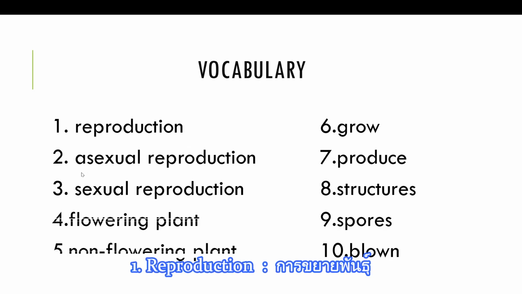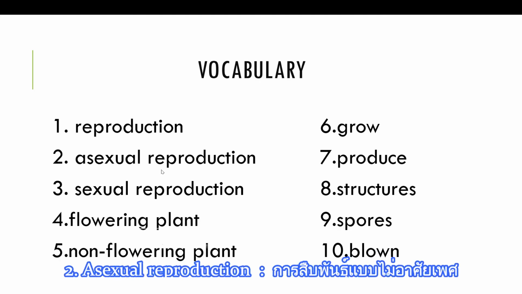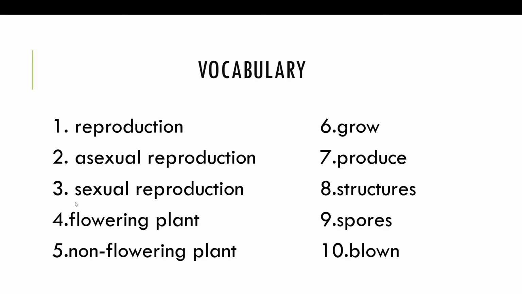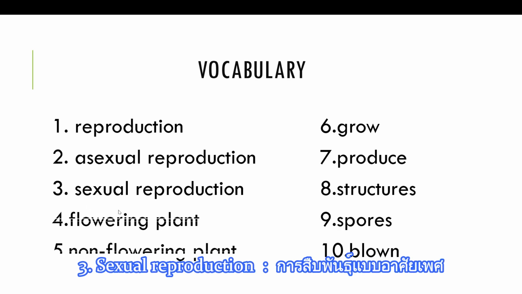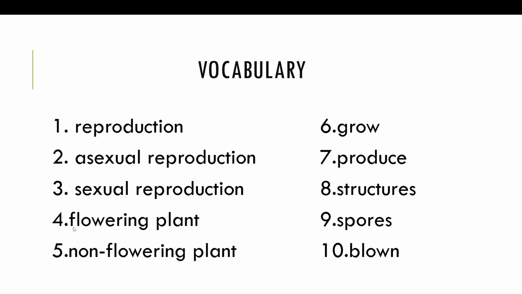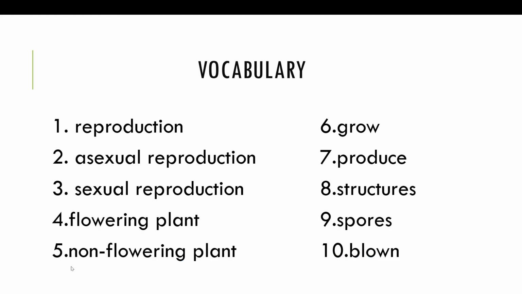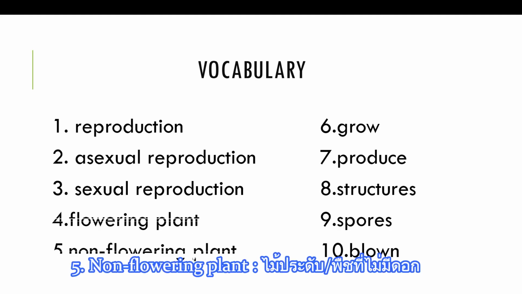Number 2, asexual reproduction. Number 3, sexual reproduction. Number 4, flowering plant. Number 5, non-flowering plant.